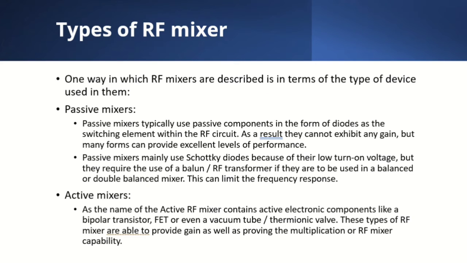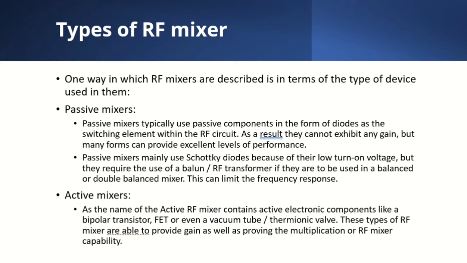So after this, we will discuss more on the second mechanism, the switching and sampling process, right? One way in which RF mixers are described is in terms of the type of device used in them. There are two types of RF mixer, passive mixer and also active mixer. Passive mixers typically use passive components in the form of diodes as the switching element within the RF circuit.